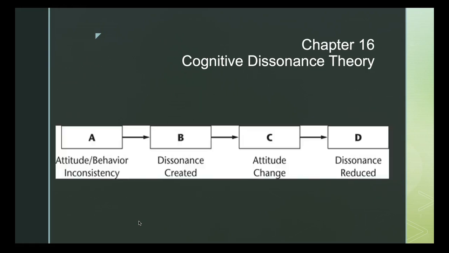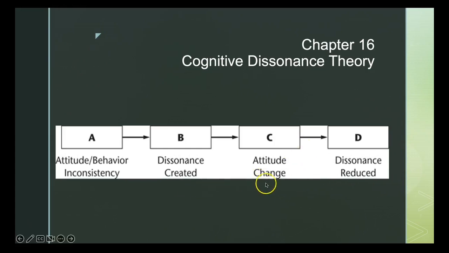So basically with the cognitive dissonance theory, you have this attitude or behavior inconsistency. In the smoking example, the behavior you're demonstrating is that you smoke, okay? And you know that it's bad for your health, so you have this inconsistency: I know it's wrong, but I'm still doing it. So here on B, you have dissonance that's created because of this attitude or behavior inconsistency.